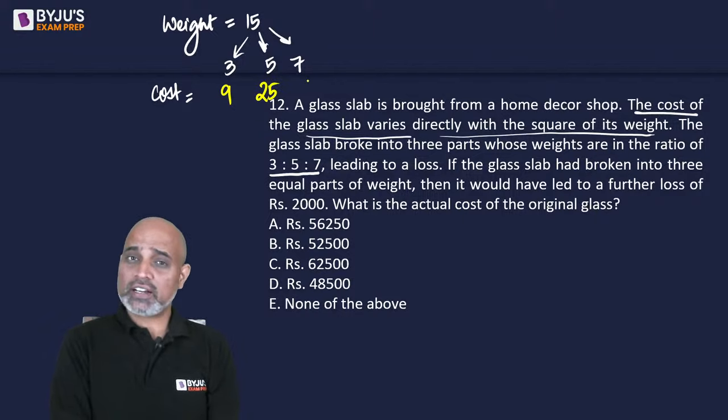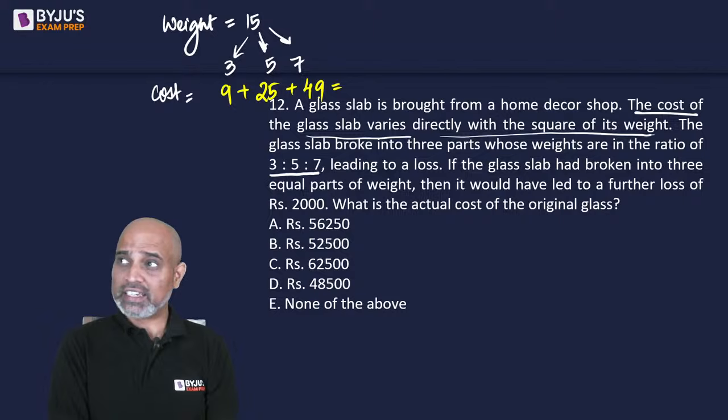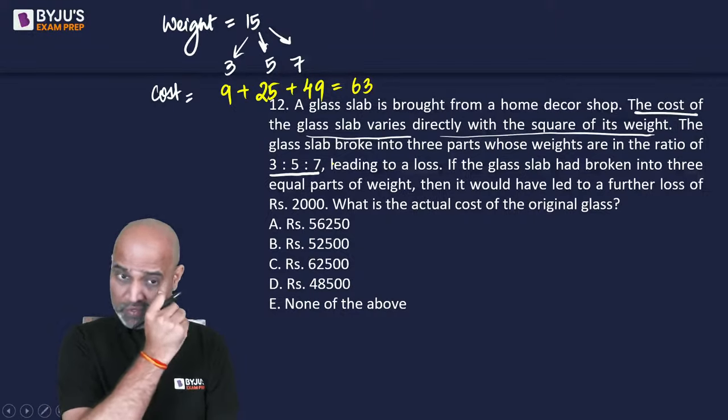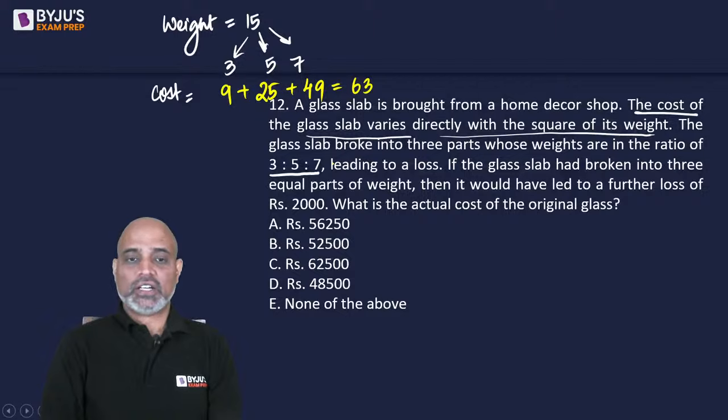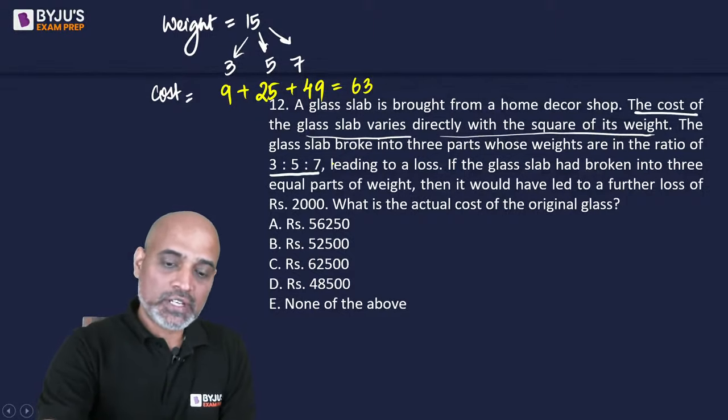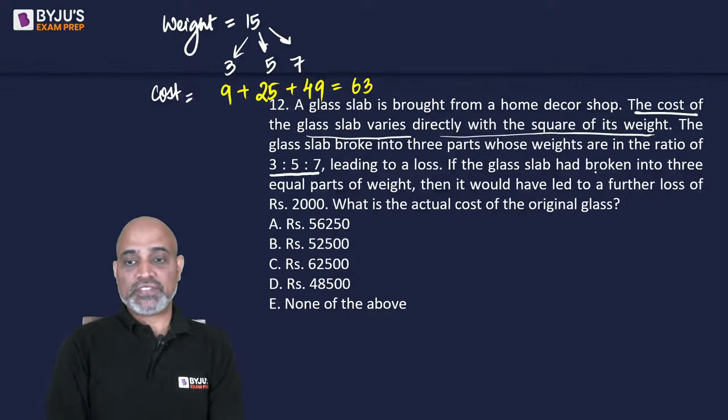Or 7 wale ka cost kitna hoga? So what is the total cost here? Total cost is going to be 49 plus 9 plus 25, which I think is 75 plus 8, 83, right?